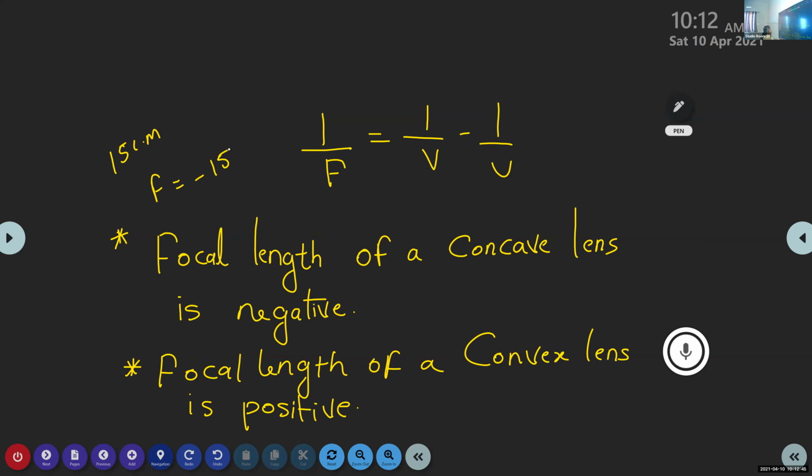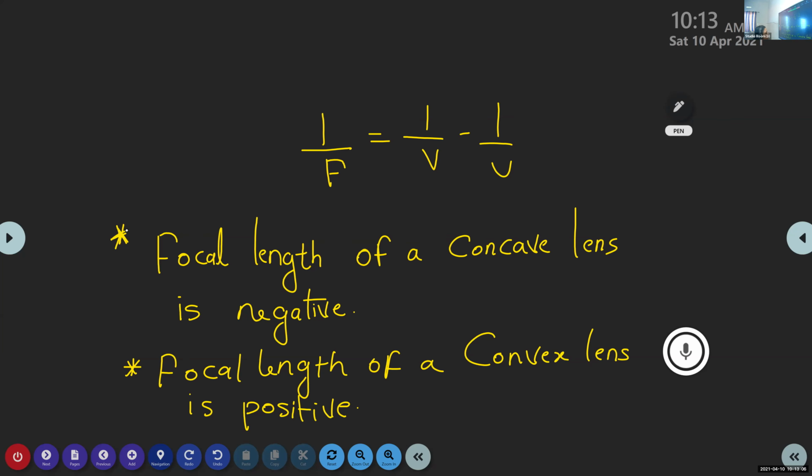It is not given in the question, but when you are solving the problem, you must put a negative sign if it is a concave lens, because the concave lens focal length is always negative. When we are doing the problems, it will be more clear. Can we move to the next topic?